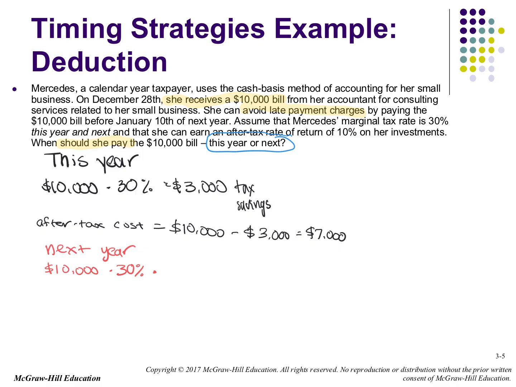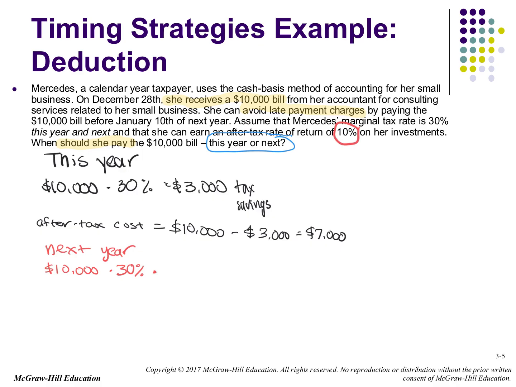If we look on the present value factor tables, in the very first column where it says year, we'll look for year number 1, because this year and next year is only a 1-year difference. The problem tells us that the after-tax rate of return on investments is 10%.